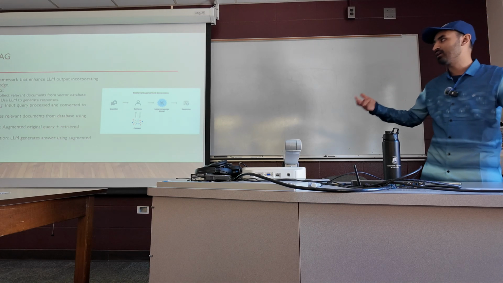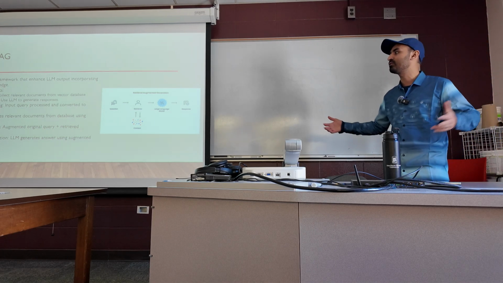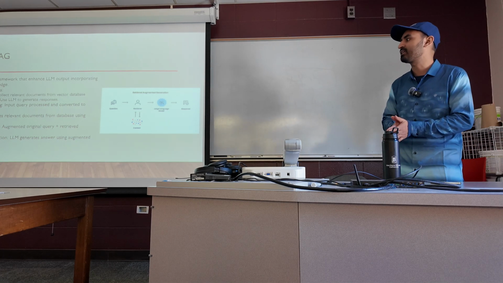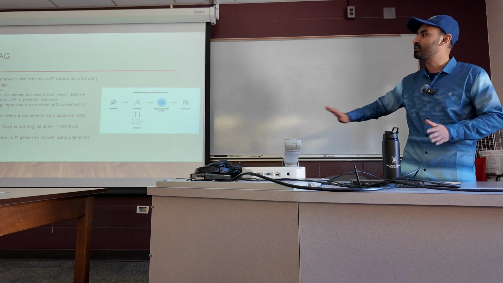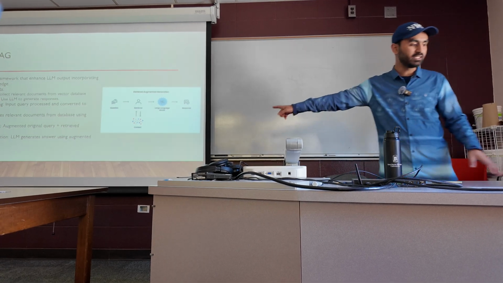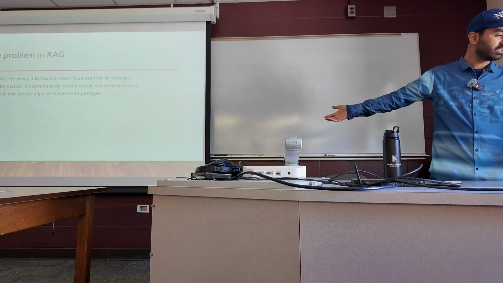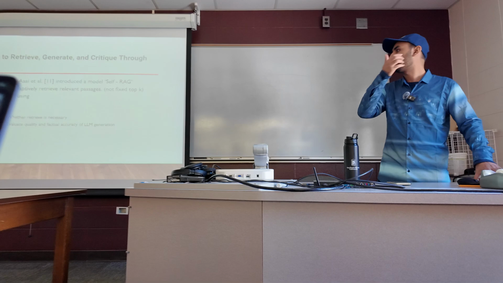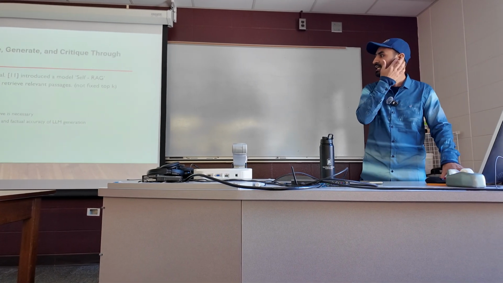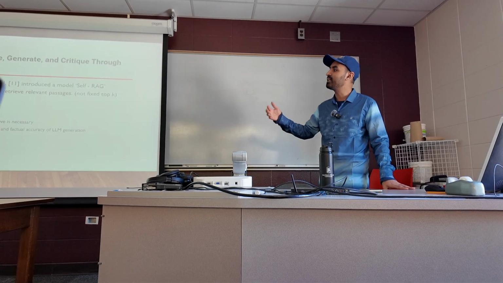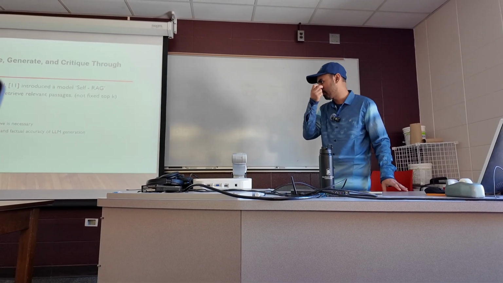Sometimes for particular prompts we don't need any information from the external vector database. What should we do? We stop collecting information from the context. We say, okay, this prompt goes directly to the LLM. This is what the retrieve tokens can do. It's like, when retrieval is necessary, retrieve tokens do this thing. Another is critic tokens. Critic tokens evaluate the quality and factual accuracy of the LLM generation.